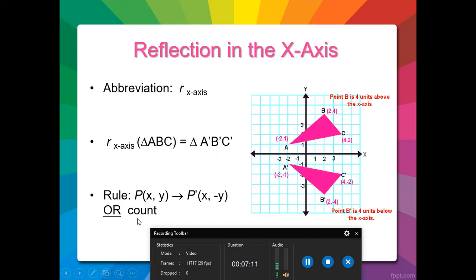So sometimes people like to count. Counting is very simple. If we identify the X-axis, this is our line of symmetry or our line of reflection. My triangle on the top has to be folded over so that it ends up underneath. If you look at the location of A, to go from A to the line of reflection, we've got one block here.